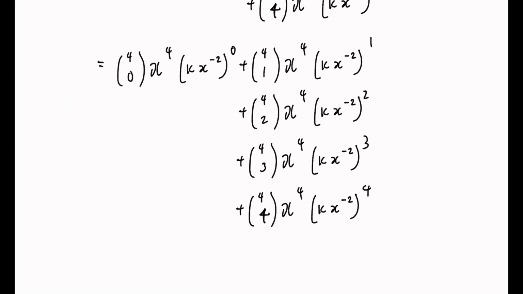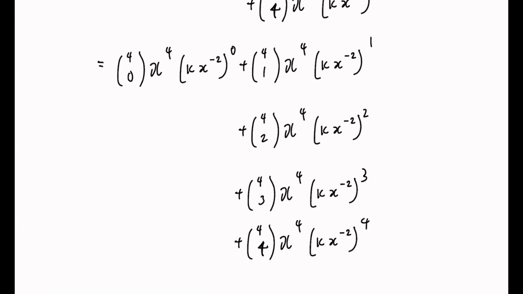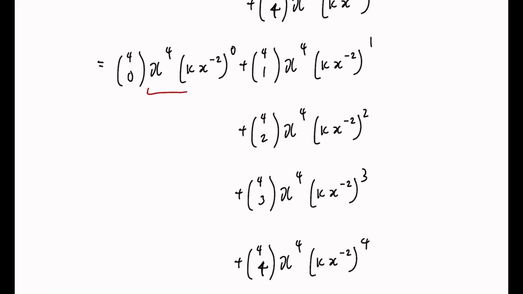Yeah. So what you notice, let's take a look at the powers. Over here, what we will have is 4 plus negative 2 times 0. Correct or not? Just looking at the powers of x. Do you agree?